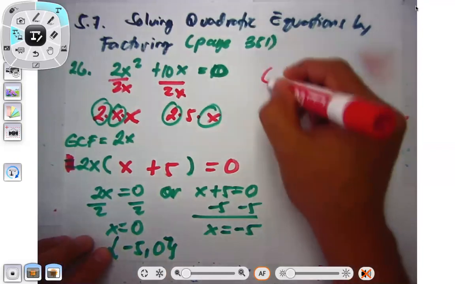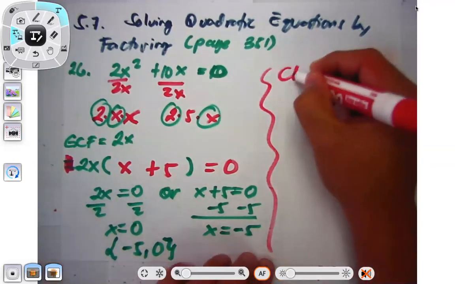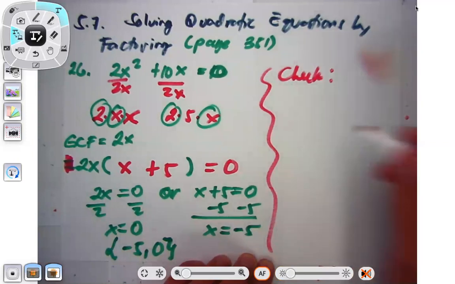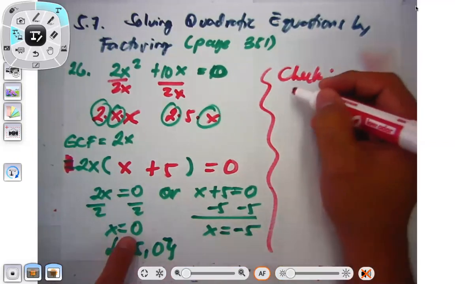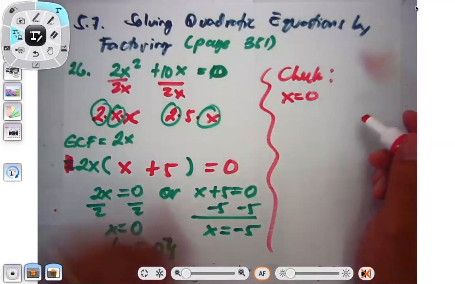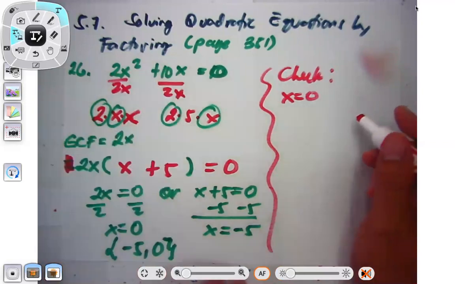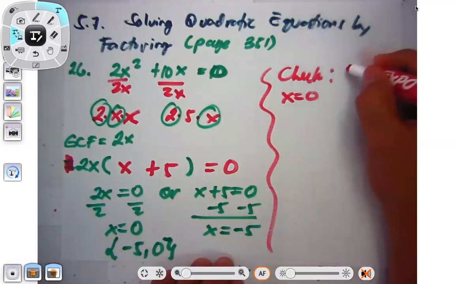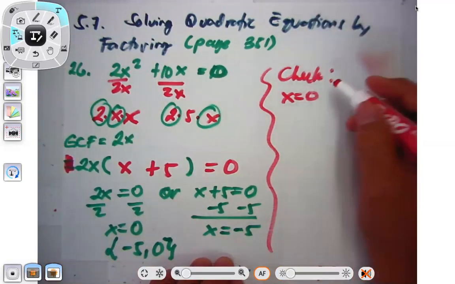We can also check this if we want. So let's check our solution. Check if x is 0, will it satisfy our equation? The original equation is 2x squared plus 10x equals 0.